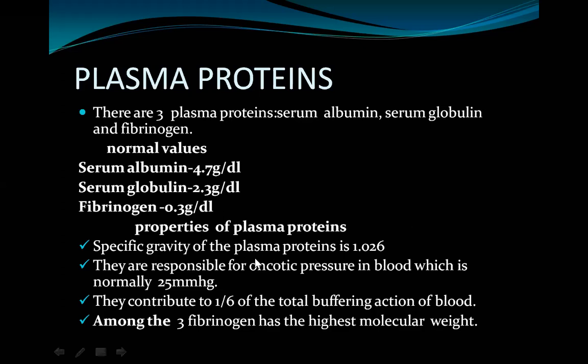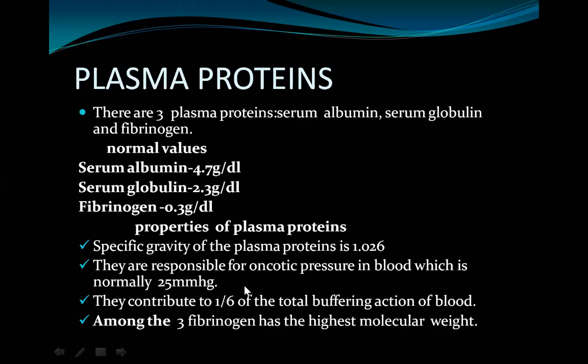These plasma proteins are responsible for the oncotic pressure in blood. The normal oncotic pressure in blood is usually 25 millimeters of mercury, and albumin plays a major role in the maintenance of this oncotic pressure. Out of the three, albumin contributes the most.